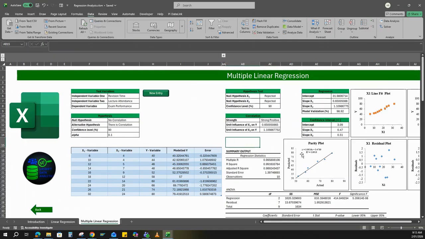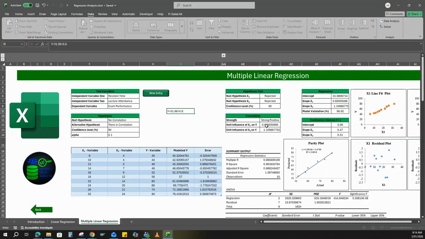Now to show the equation, the multilinear regression equation is y equals this value here, the intercept 31.98, plus the coefficient of the first independent variable, which is 0.65 here.